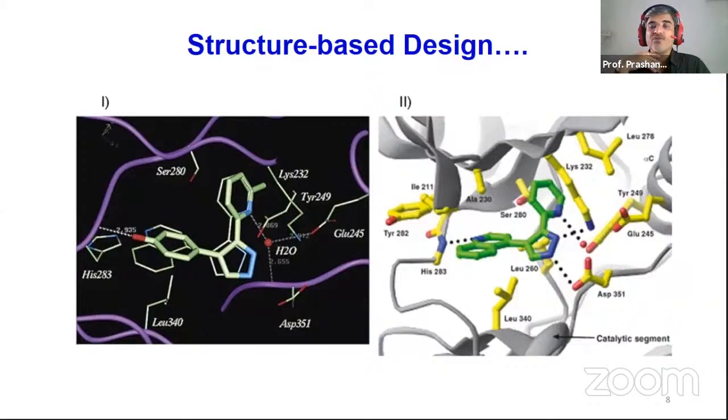So this tells you that there is a pyridine ring in the molecule which is involved in hydrogen bonding with a water molecule. If I convert that pyridine ring to a benzene ring, meaning the pyridine nitrogen is gone, then the hydrogen bond with the water molecule is gone, so the potency or the affinity with which the molecule will bind to the target will be reduced. So basically you get a lot of clues.